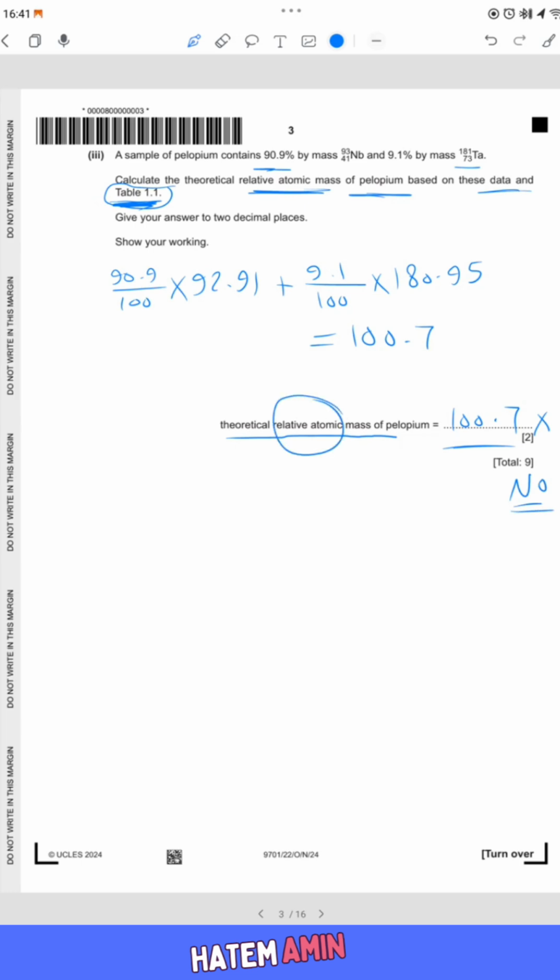But if we are talking about the real mass for a specific object or substance, we can find it from the number of moles multiplied by the relative atomic mass to find the mass. And at that time, this real mass has a unit, which should be in gram or kilogram.